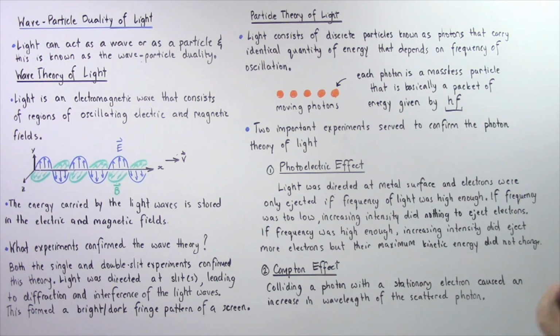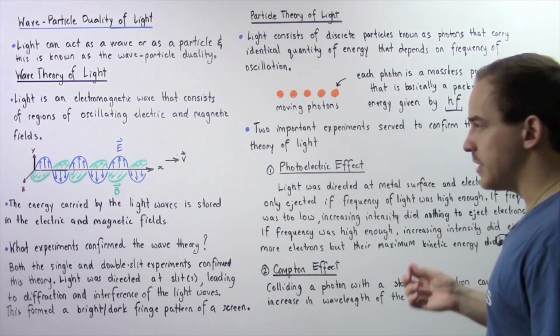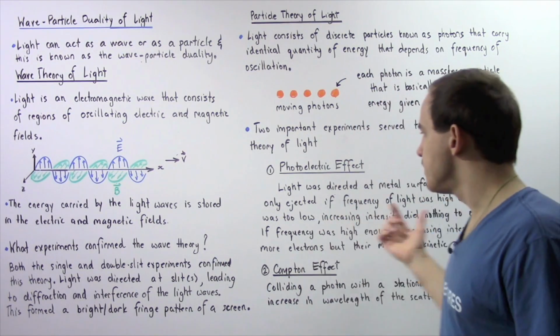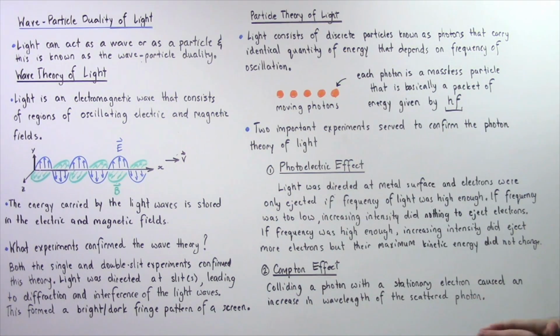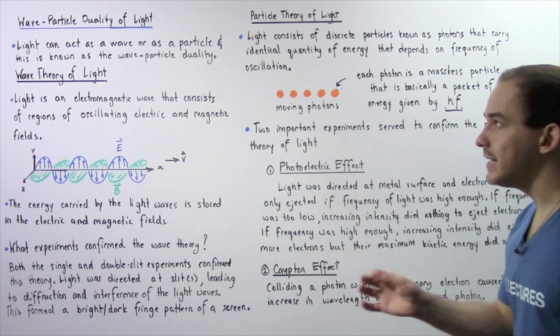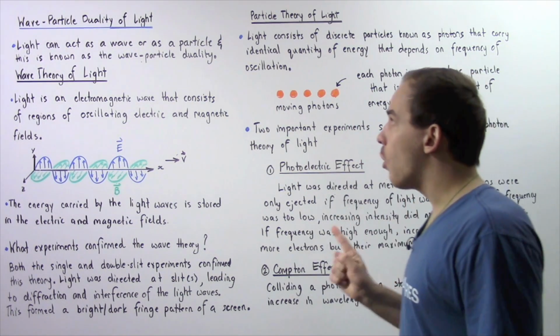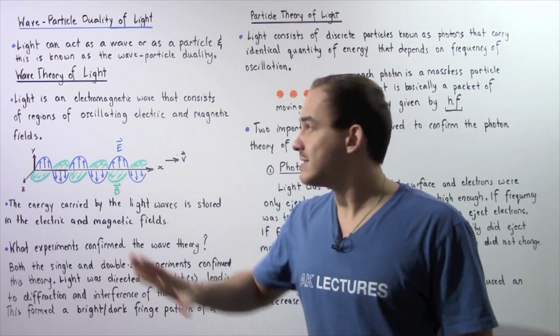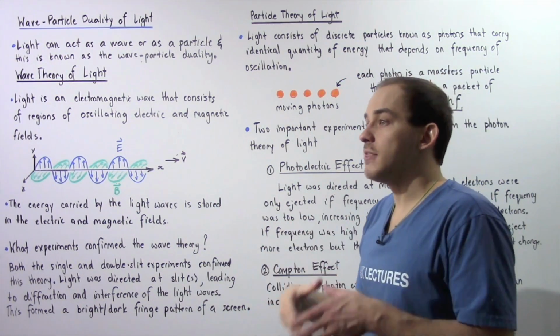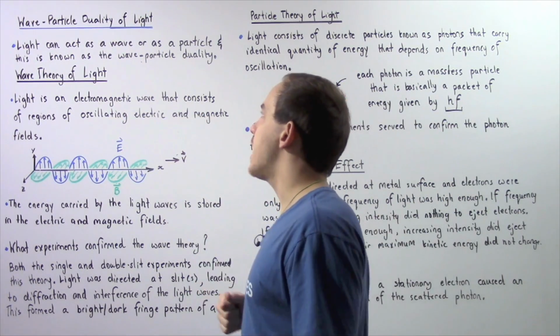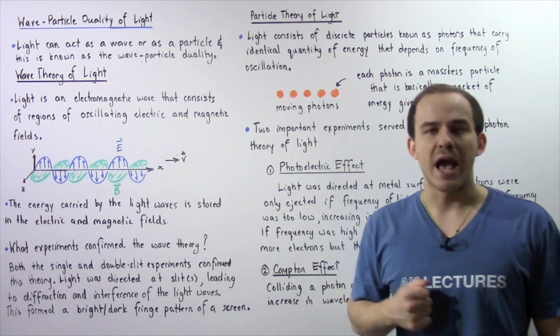So this basically confirmed the particle theory of light in a similar way that the photoelectric effect confirmed the particle theory of light. So once again, light can act as a wave or it can act as a particle, as described in these two theories. And this phenomenon, this concept, became known as the wave-particle duality of light.